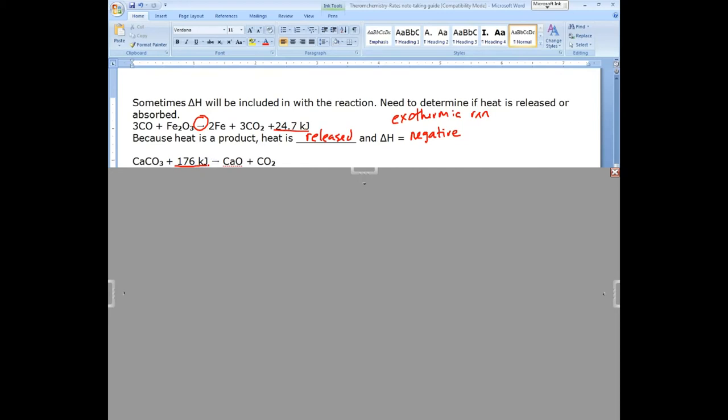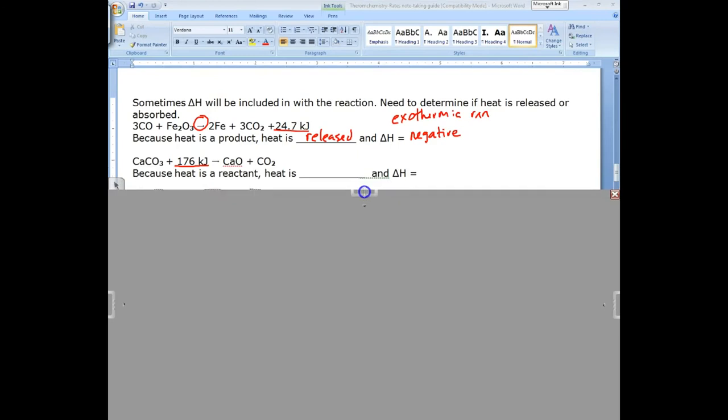And again, if we remember what an arrow stands for, what this reaction is saying is that calcium carbonate has to be heated in order to break down into calcium oxide and carbon dioxide. So that means that heat is absorbed in this reaction. It is a reactant. It's going to make things happen. Now, that absorbed heat is going into breaking old bonds or something like that, not into raising the temperature.